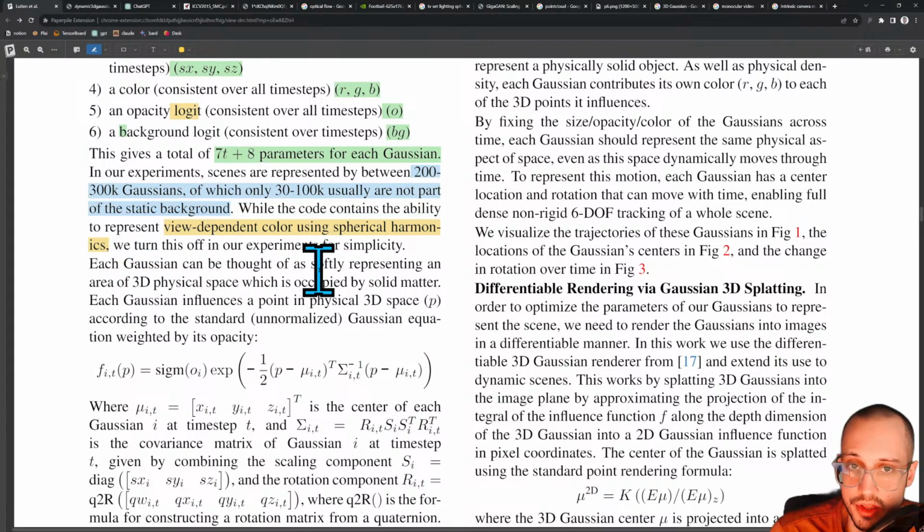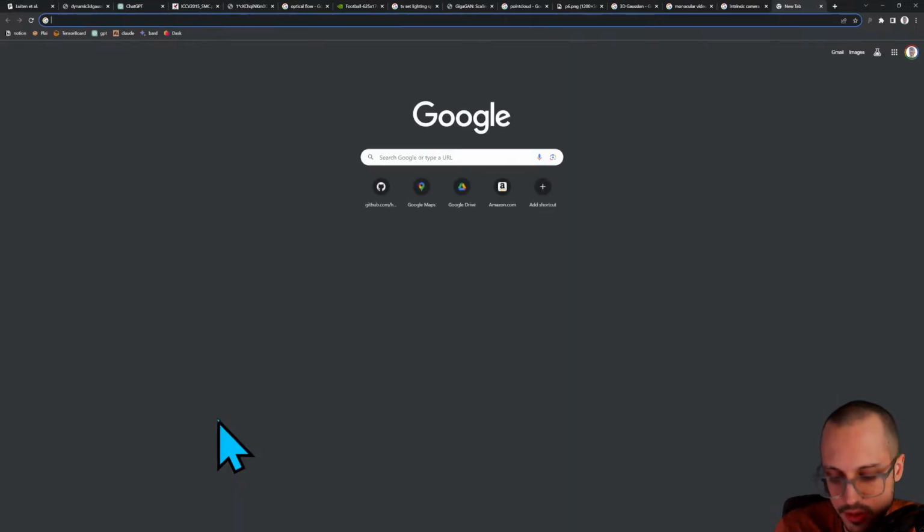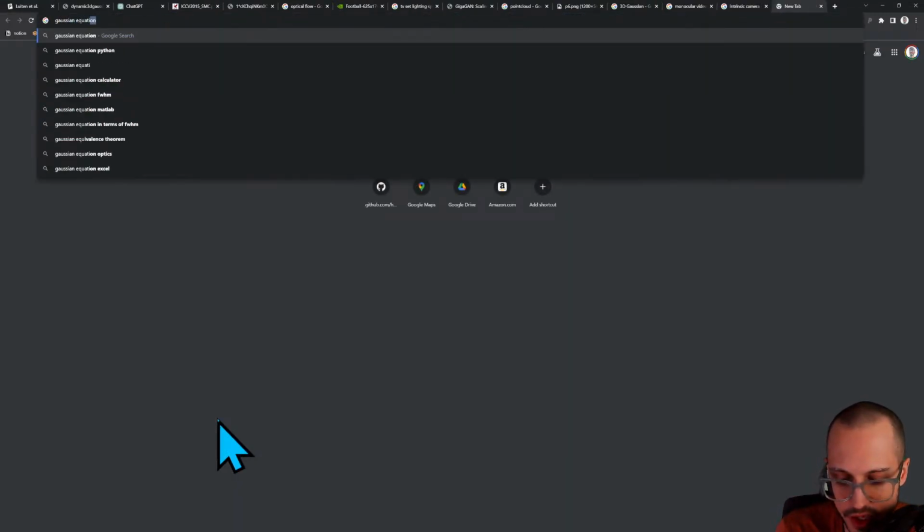Each Gaussian can be thought of as softly representing an area of 3D physical space, keyword soft there, which is occupied by solid matter. Each Gaussian influences a point in physical 3D space according to the standard unnormalized Gaussian equation weighted by its opacity. So unnormalized here refers to the fact that you have your Gaussian equation, your exponent of the thing, but there's no term to normalize it.